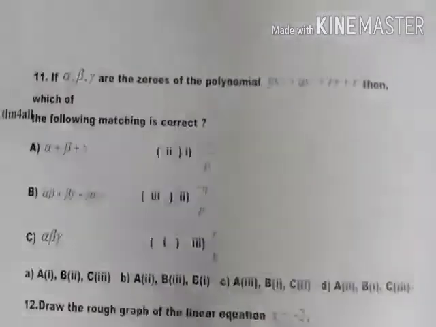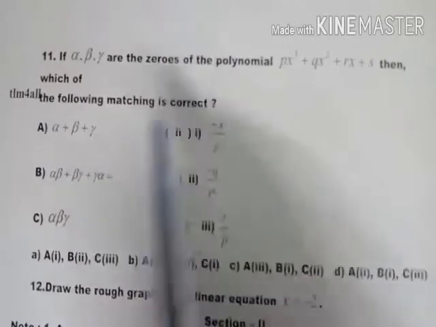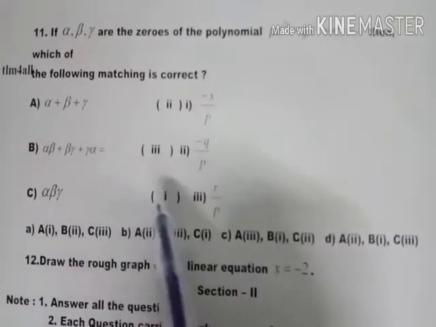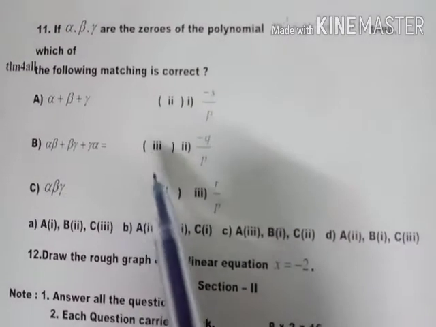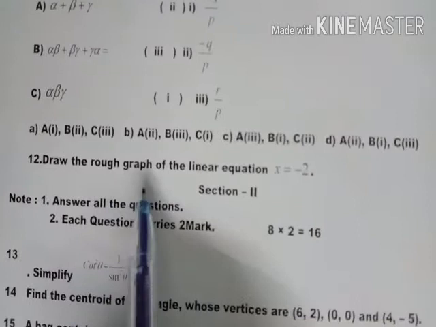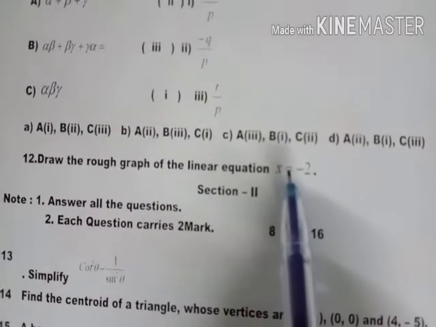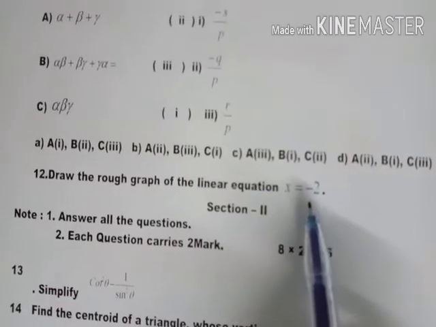In question number 11 we have a question on polynomials. We need to identify the correct matching, right? It is very easy, we can answer easily. Now in the 12th question, draw the rough sketch for the given linear equation, which is also the easiest question.